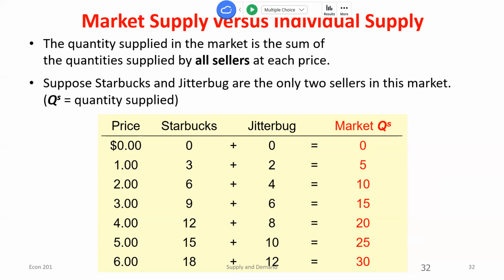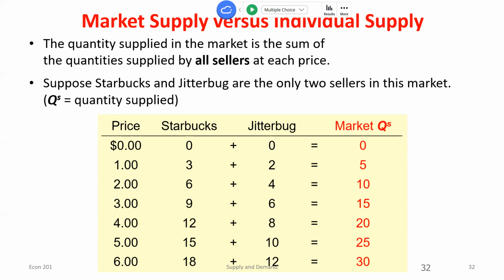The price was $5, there was going to be 15 supplied in the market. Now we get an added producer. If we keep the price at $5, we'll now get a total market supply of 25 units.